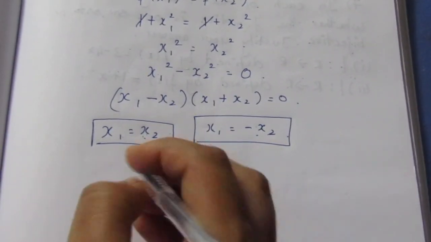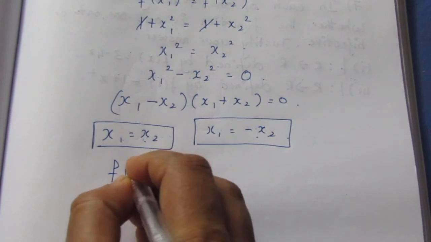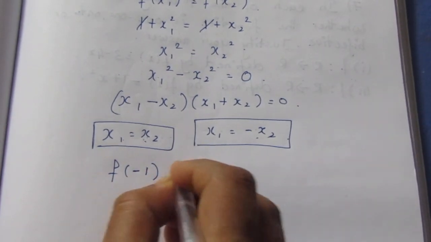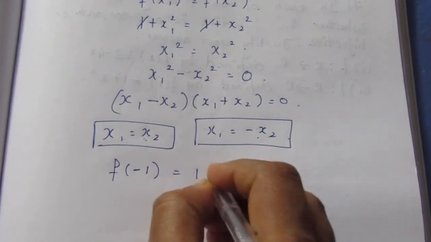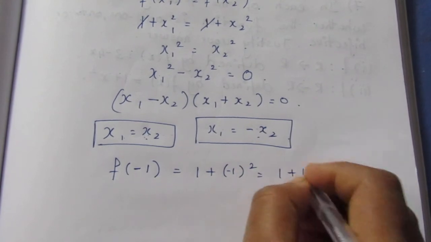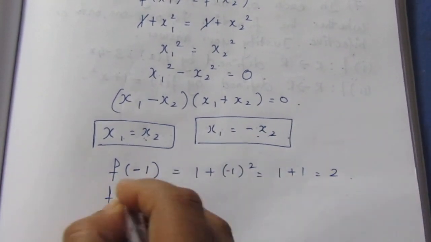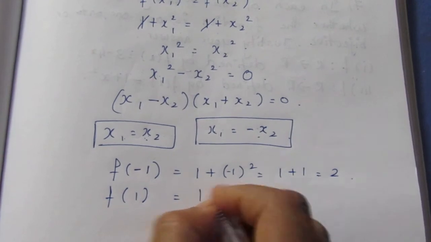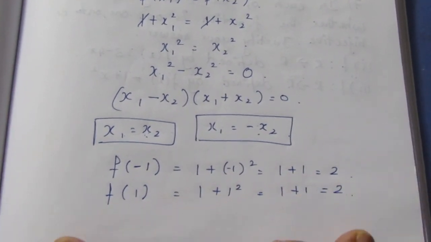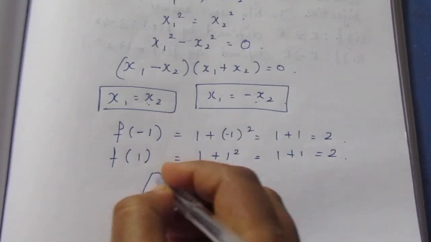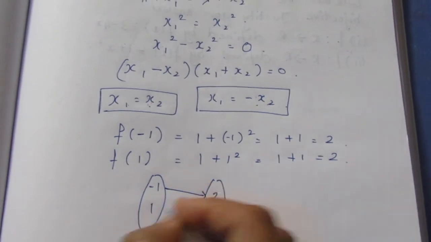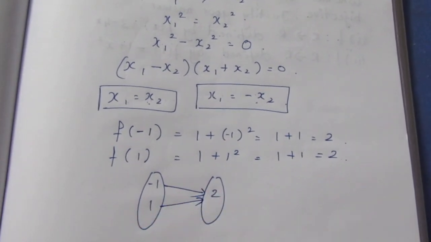Let me check with numbers. I am going to take x to be minus 1. If it is minus 1, f of minus 1 becomes 1 plus minus 1 the whole square, which is nothing but 1 plus 1, which is equal to 2. And f of 1 equal to 1 plus 1 square, which is equal to 2. If I substitute minus 1, I get the value 2. If I substitute 1, I get the same value 2.